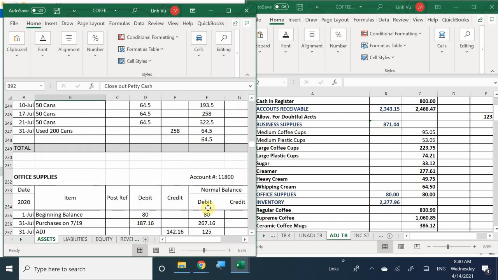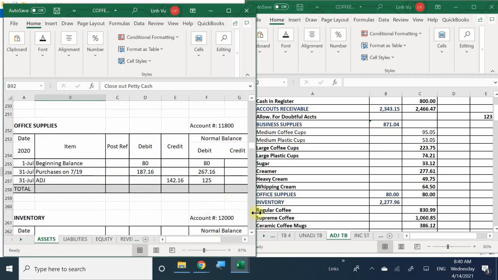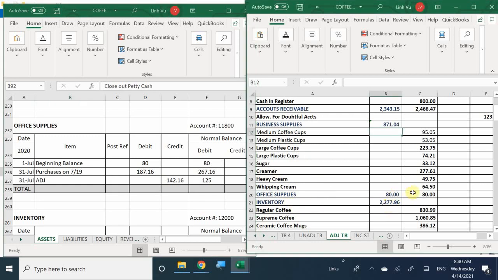Okay. Now we're introduced to our office supplies, right? How much office supplies do we still have left? We only have 125. Okay. All right then.